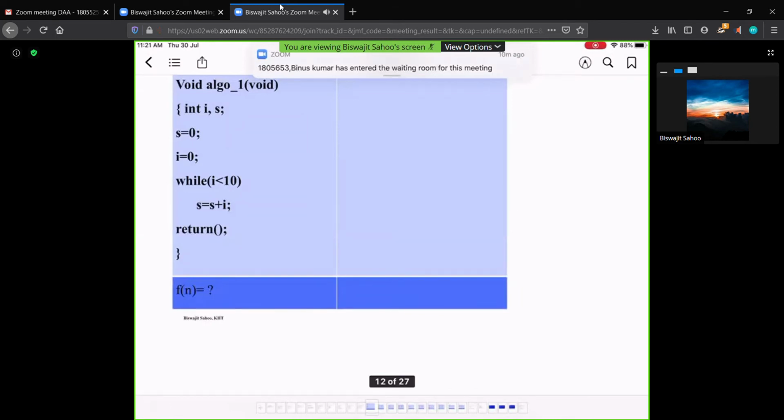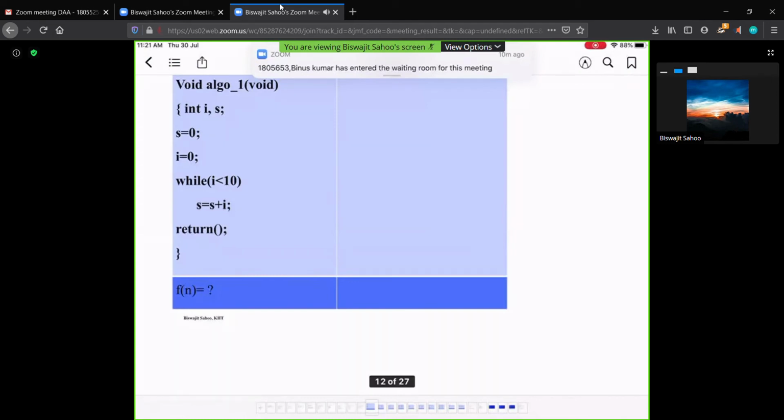Remember, we are finding the frequency count to calculate the execution time. Because we will calculate the execution time, we will only consider the statements which are executable. There are some statements in a program or algorithm that are non-executable. Normally in algorithms we avoid them, but in programs we sometimes write non-executable statements.